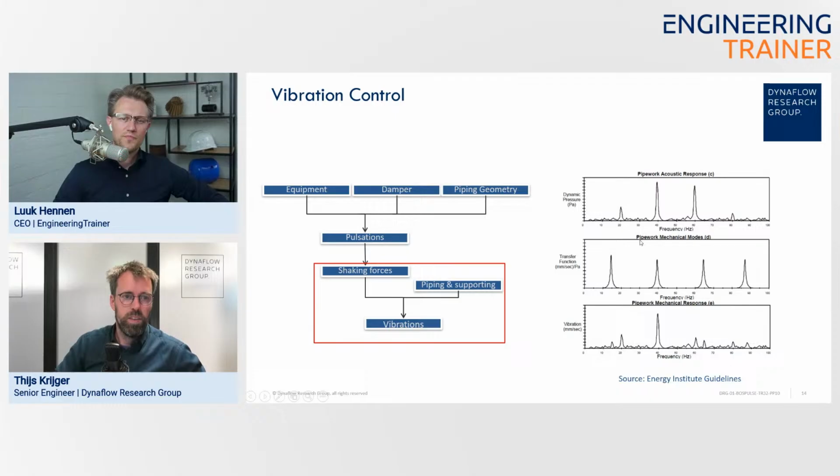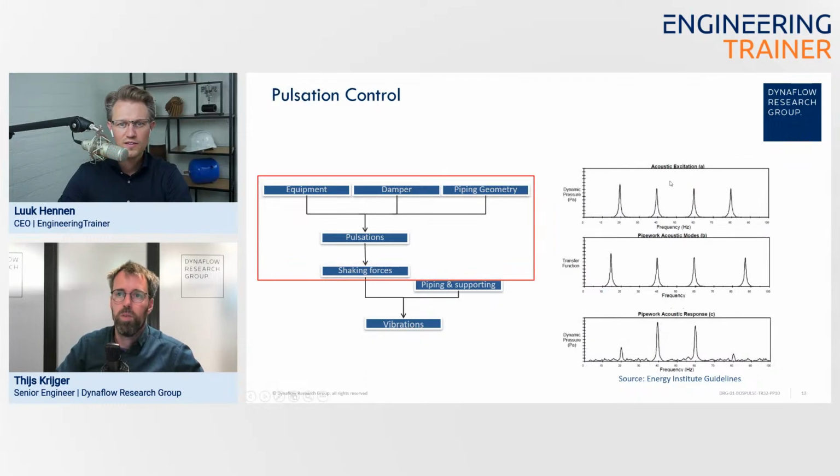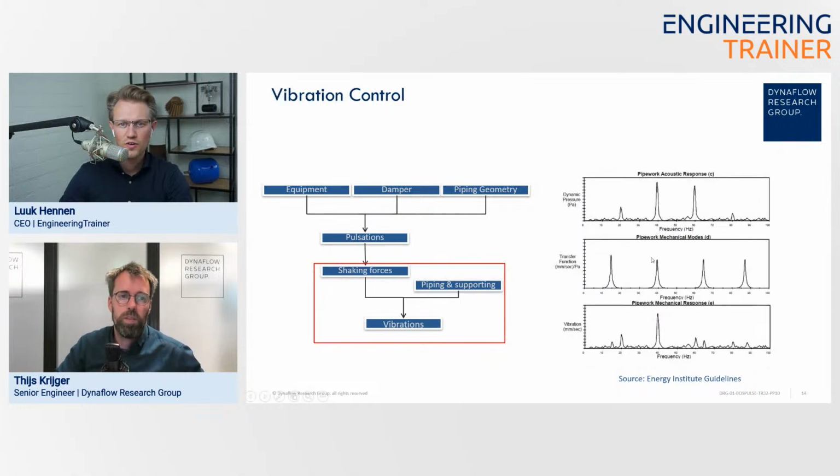Now in this example, you have, let's say, a high vibration around 40 hertz. And this might be solved either by removing or lowering the amplitude of this pulsation. But you can also try to change the stiffness of your support structure in order to eliminate the mode at this frequency. Which would also result in this vibration level going down.